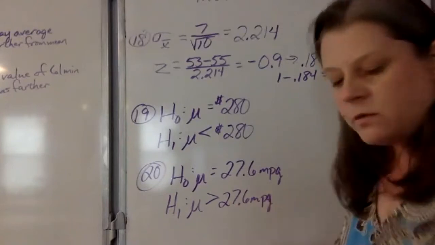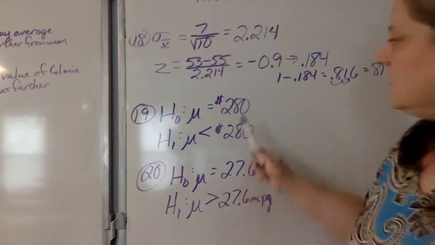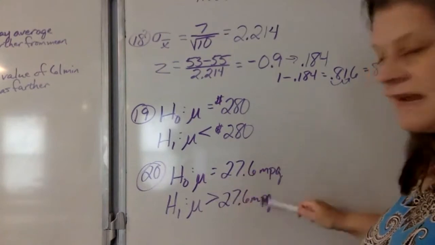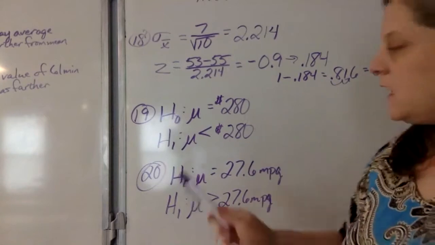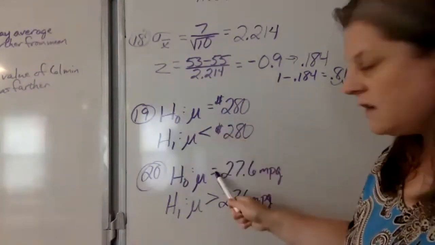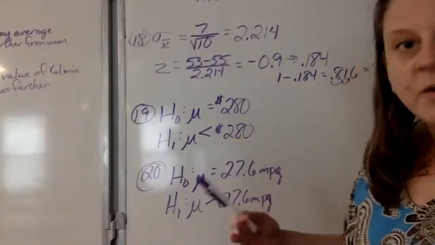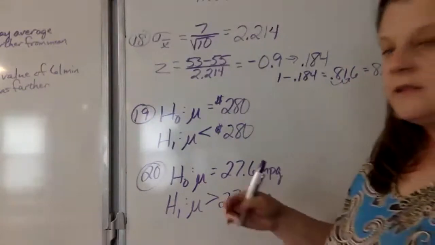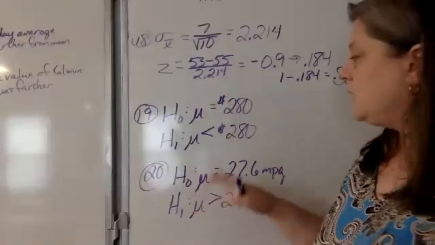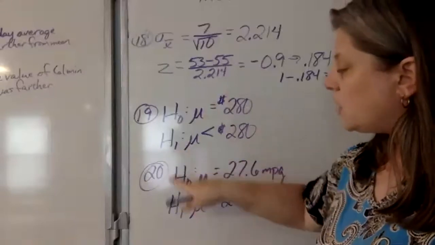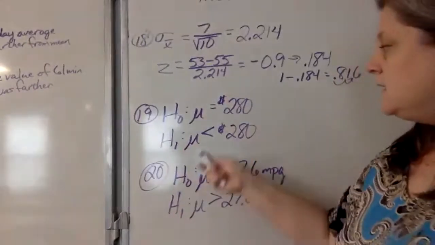Okay. So when you're doing the probability hypotheses, this number is the same in all of them. You should notice that your null one is always the what? What sign? Equal sign. Your null hypothesis is always what the mean is equal to for the sample, okay? Then your alternative hypothesis, if it's talking about lower, then it's less than.